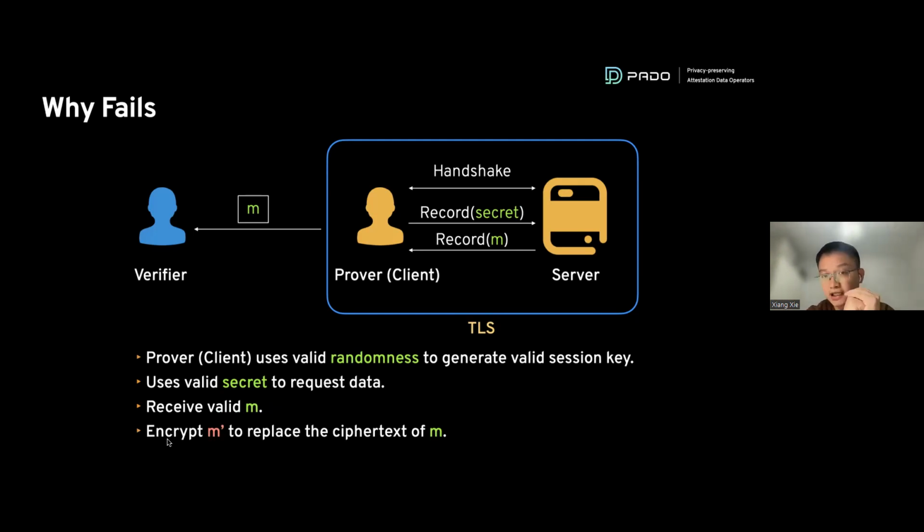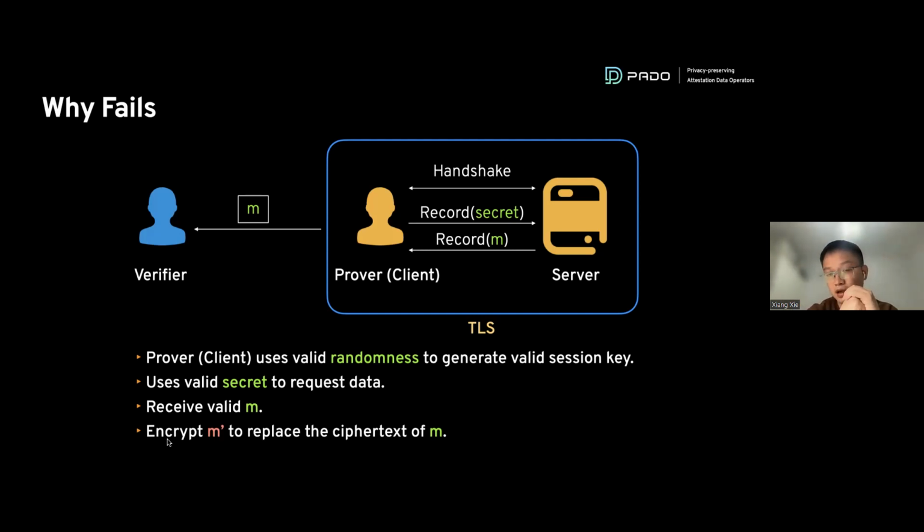The prover can do that because he gets all the symmetric secrets in the record part, including the secret key used to encrypt everything. After replacing the ciphertext, the prover can generate a valid proof and send it back to the verifier, and the verifier checks everything and everything will pass.